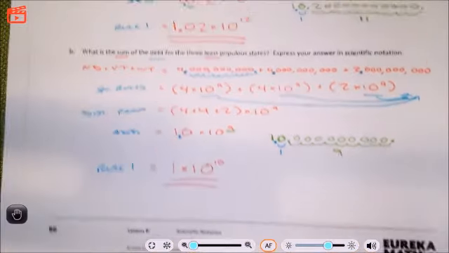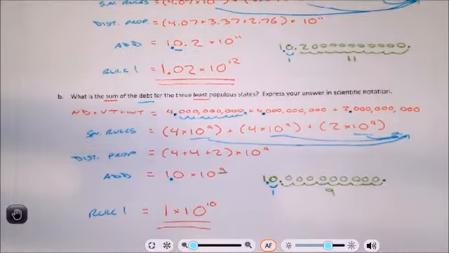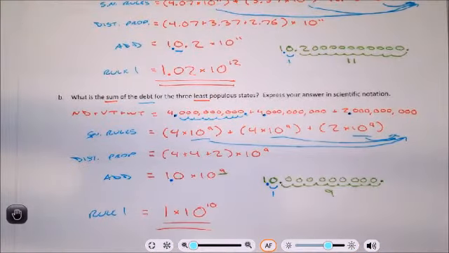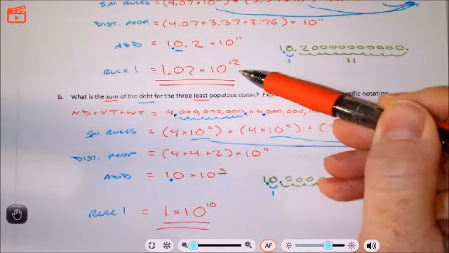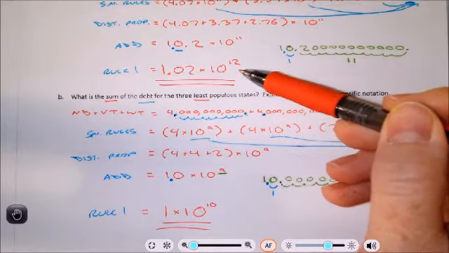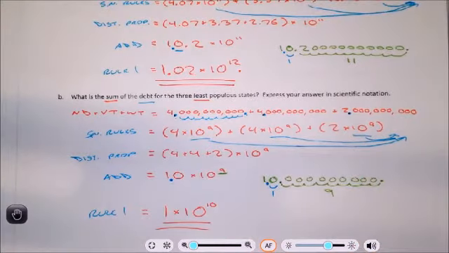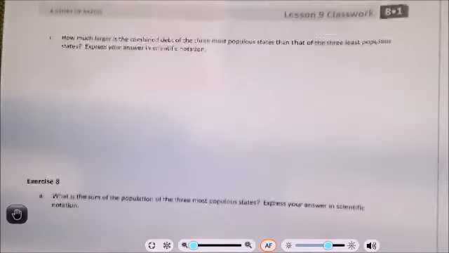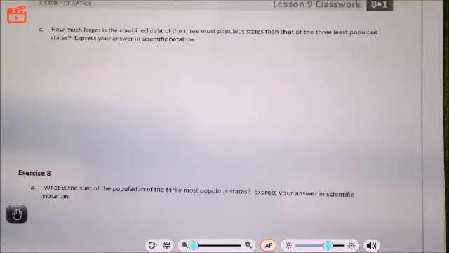So for part A and part B, you found the debt of the 3 most populous states is right there, and the debt for the 3 least populous states is there. Part C is asking us how much larger is the combined debt of the 3 most populous than the 3 least populous.